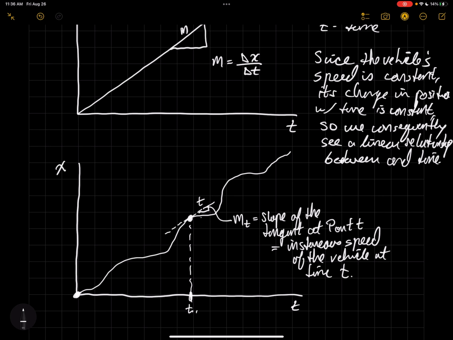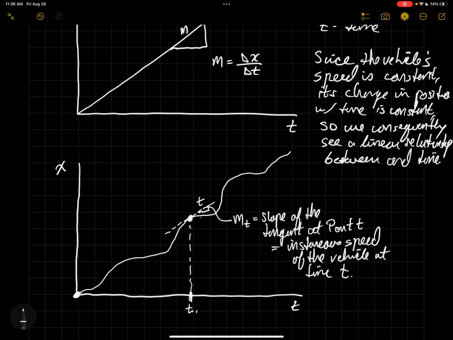And so it's necessary for us to draw the tangent line at that point and then determine the slope of the tangent line, this m sub t, which corresponds to the slope of the vehicle's position x as a function of t at that moment in time, which thereby allows us to instantaneously determine the speed of the vehicle at that point t1, okay?